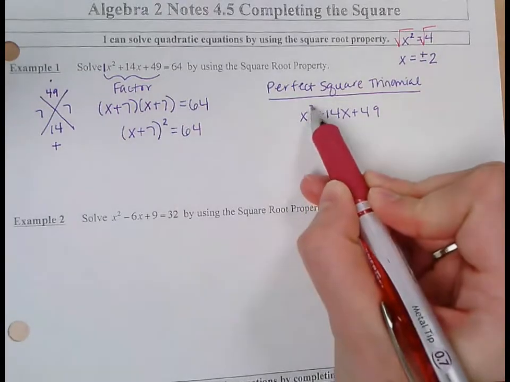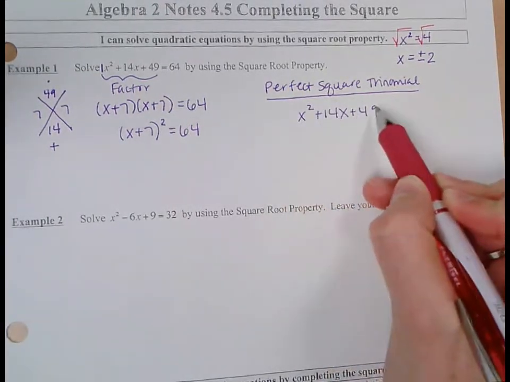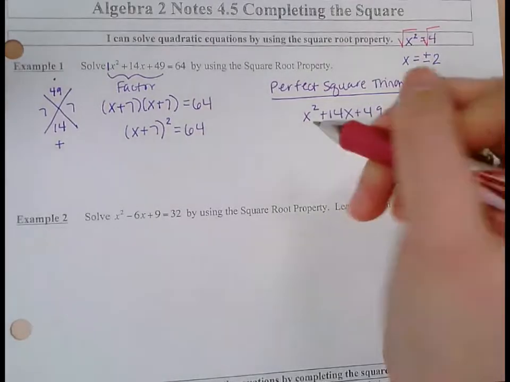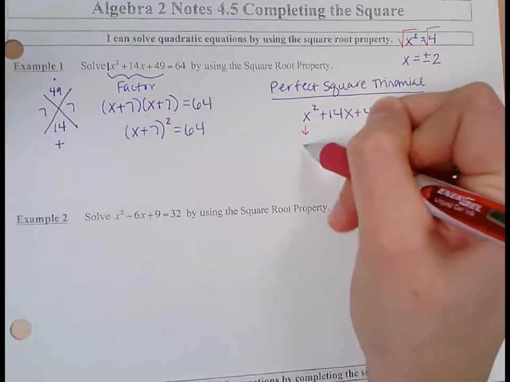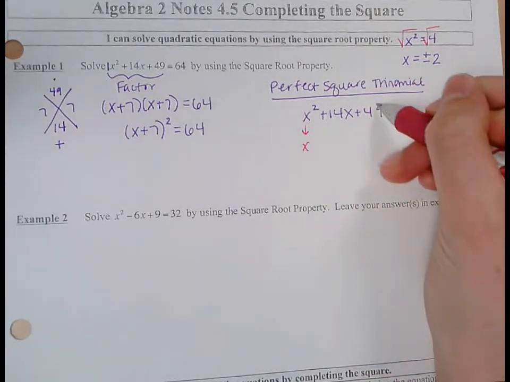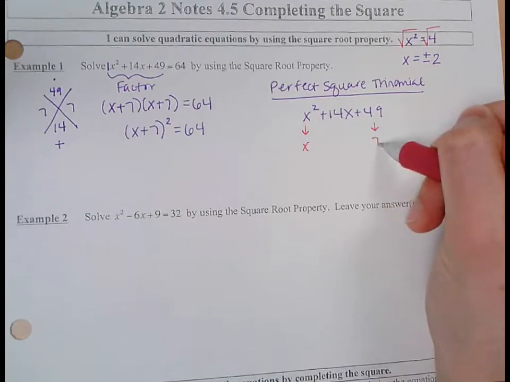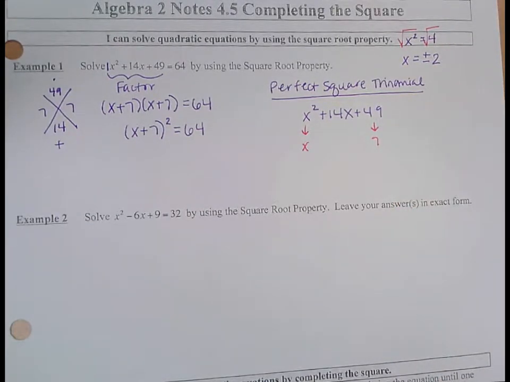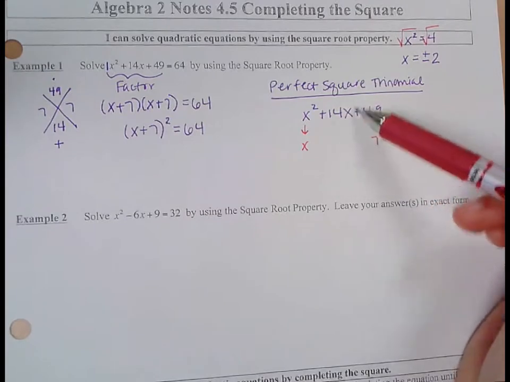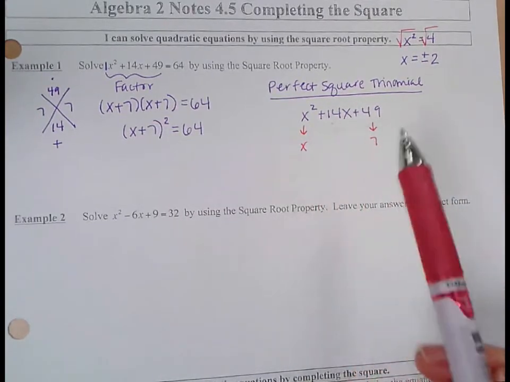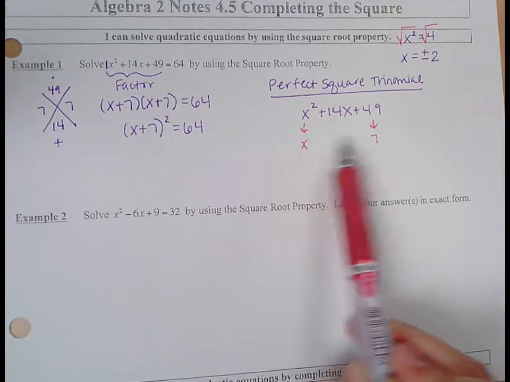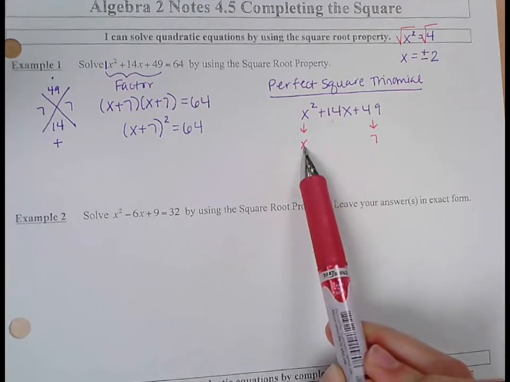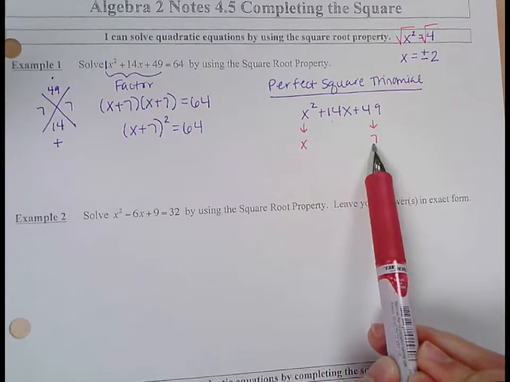It's if the very first term and the very last term are both perfect squares. So x squared is a perfect square, the square root is x. 49 is a perfect square, the square root is 7. And then your middle term needs to be 2 times the product of these square roots. The product of these square roots is x times 7, so 7x.